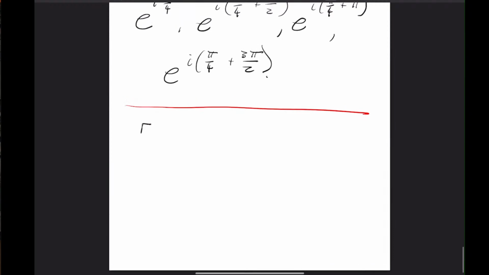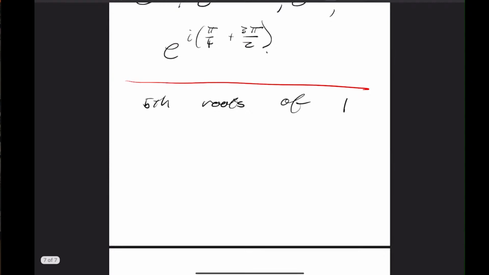So the fifth roots of 1. Let us write 1 in polar form. So that is e to the i, and the argument is 0. So where is 1? 1 is over there. What is the argument?